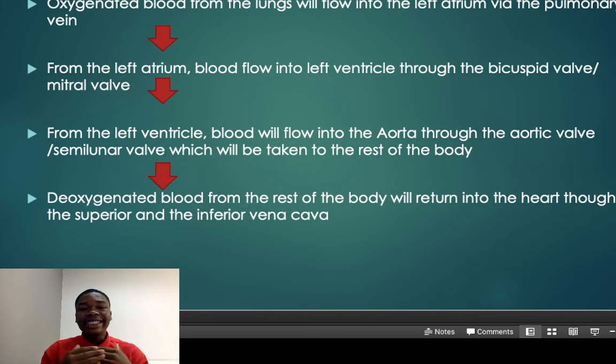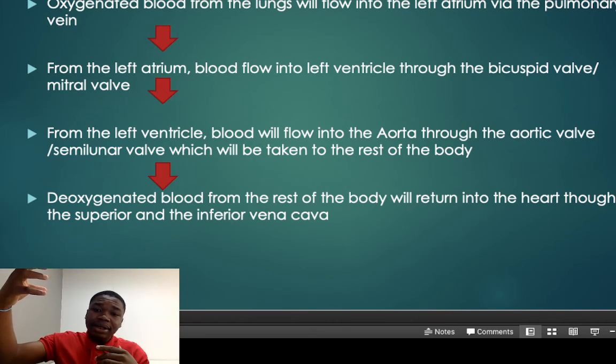From there, oxygenated blood from the lungs. Remember, it has offloaded carbon dioxide and it has loaded oxygen. Then the blood becomes oxygenated. So the oxygenated blood from the lungs will flow into the left atrium via the pulmonary vein. You get it?